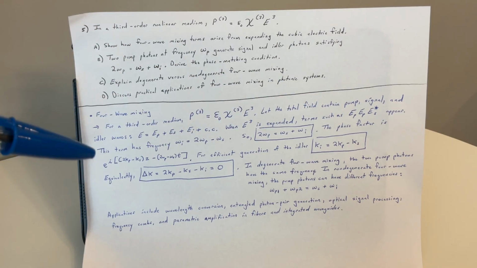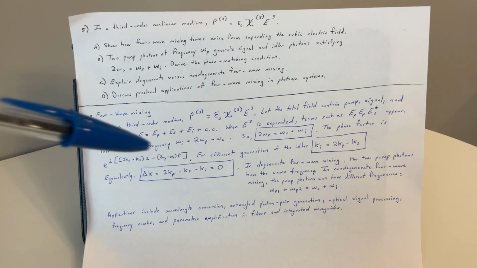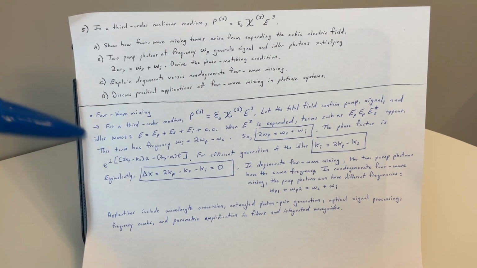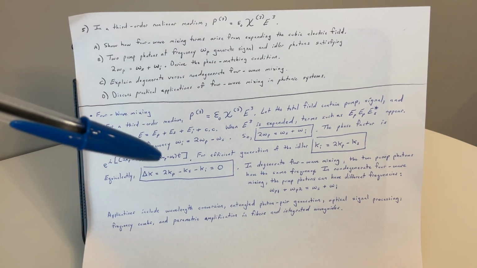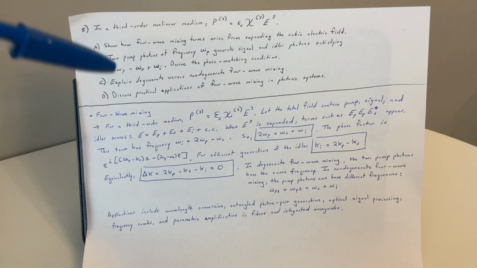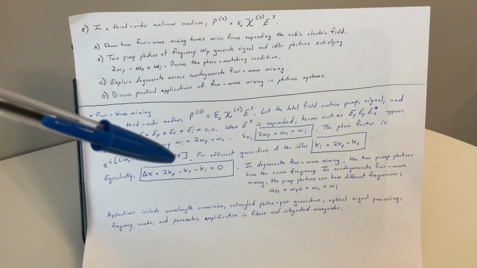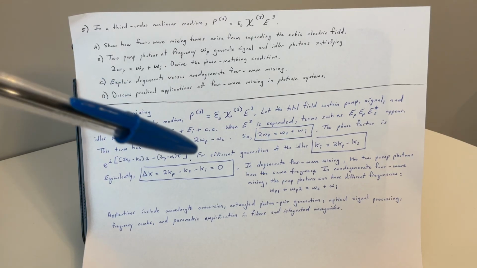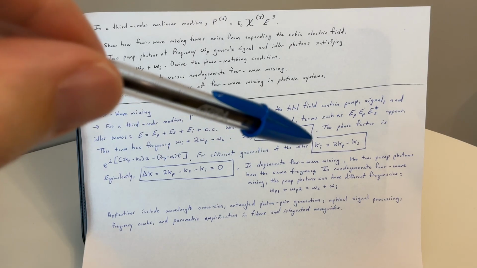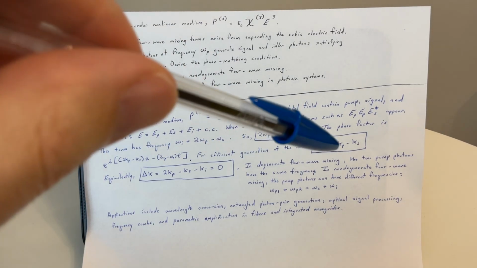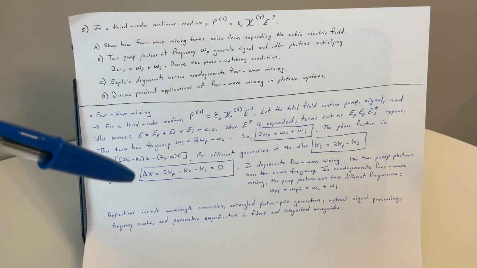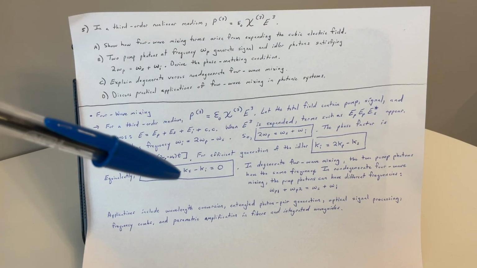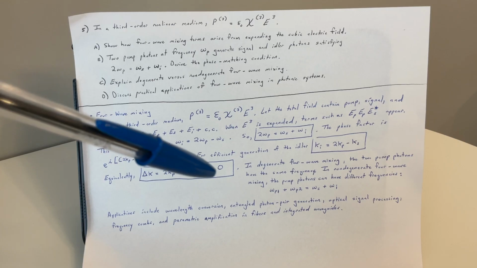The phase factor is e^(i[(2k_p − k_s)z − (2ω_p − ω_s)t]). And for efficient generation of the idler, k_i equals 2k_p minus k_s. So equivalently, Δk equals 2k_p minus k_s minus k_i equals 0.